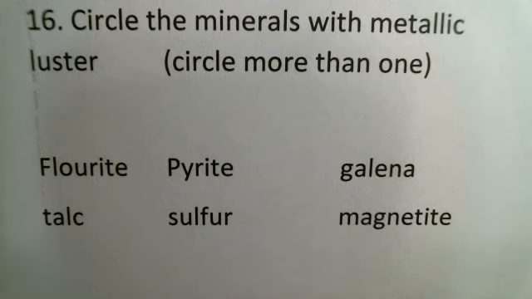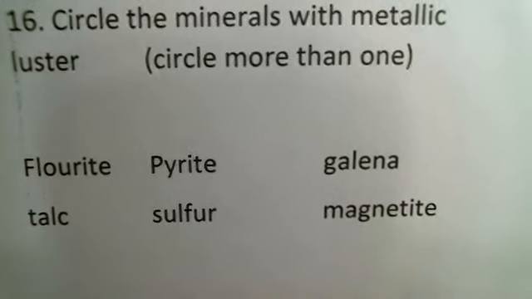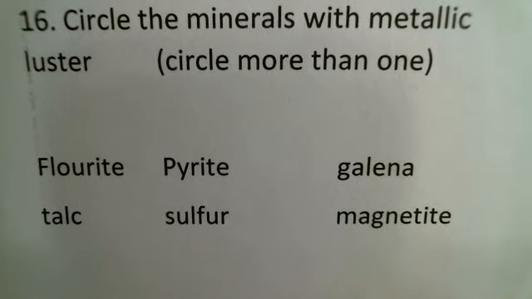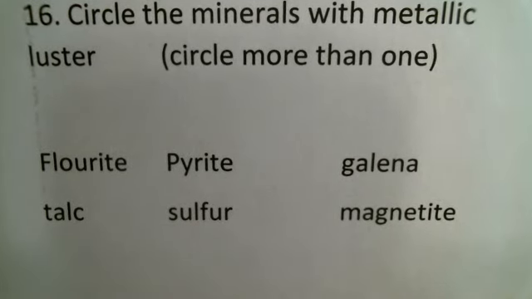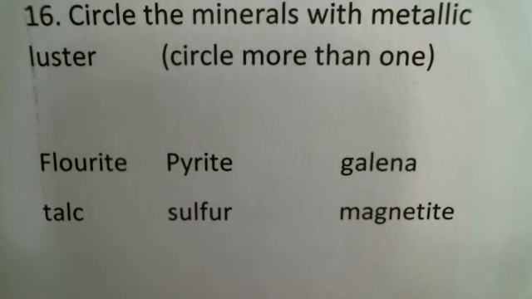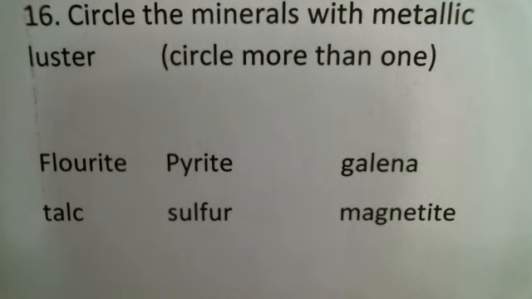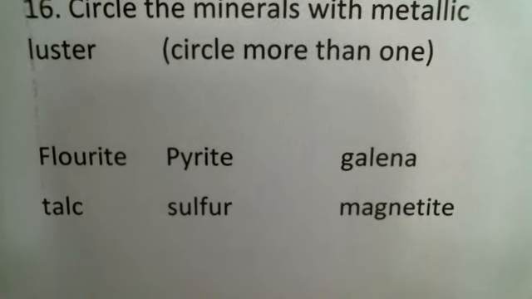If it's any of those, then it's metallic luster. If it looks like it's glass or just a hunk of rock, if it looks like it's marble or a crystal jewel, then it is non-metallic and you will not circle it here.